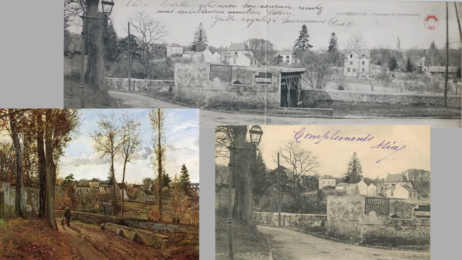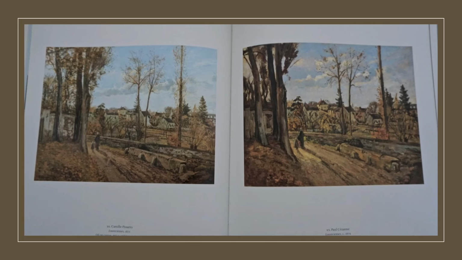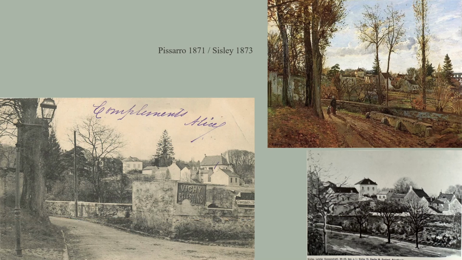Evidently, this painting wasn't accepted by the Salon, but Cézanne did a copy of it in 1872, it's thought, while Pissarro was still in Louveciennes, or maybe after Pissarro and his family had moved to Pontoise. And on the lower right, here is a painting that Sisley did of this same motif in 1873.